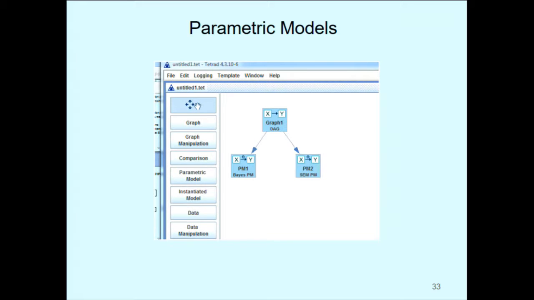We'll talk later in the week about mixed models in which some of the variables are discrete and some are continuous. But the other really simple parameterization is called structural equation model, or SEM, and that involves all continuous variables and linear relations between them. And there's lots of stuff in between, but we're not going to get to it right away.